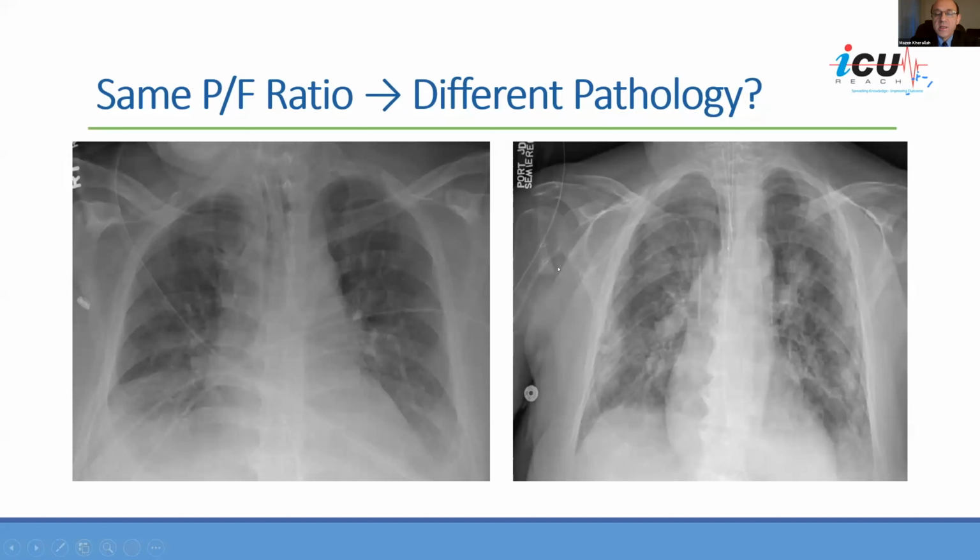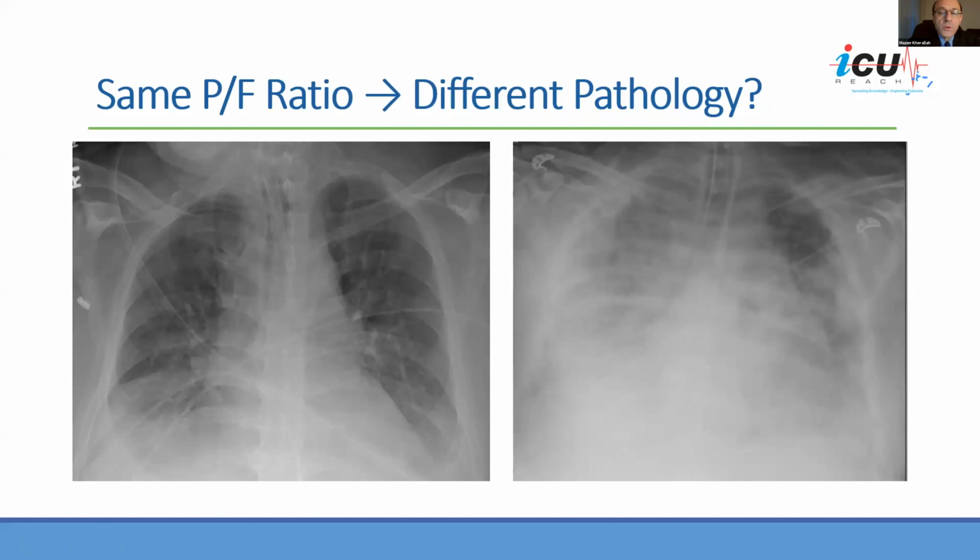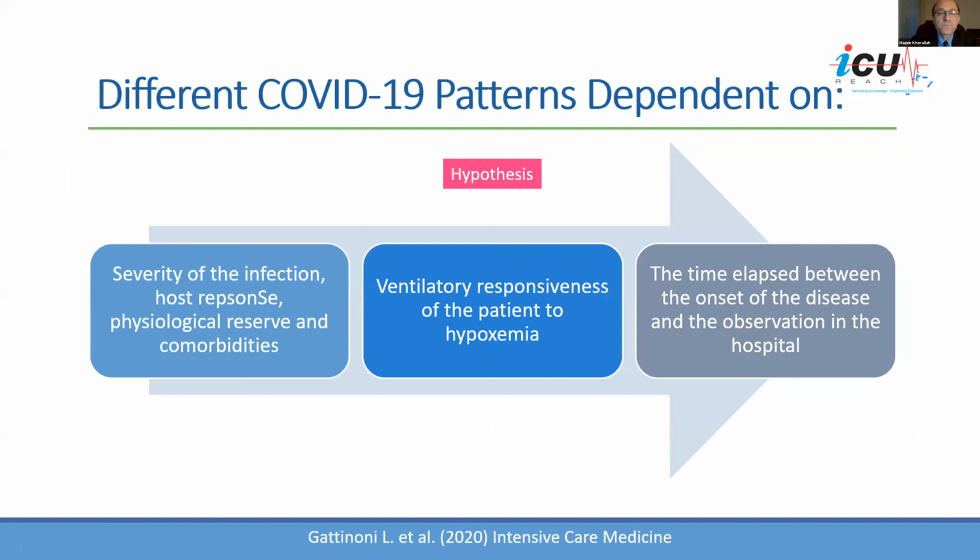And on the right side is another patient with more infiltrates on the chest X-ray and severe hypoxemia at the same level. And also this patient with increased bilateral infiltrates has shown severe hypoxemia. So severe hypoxemia with different findings on the chest X-ray.